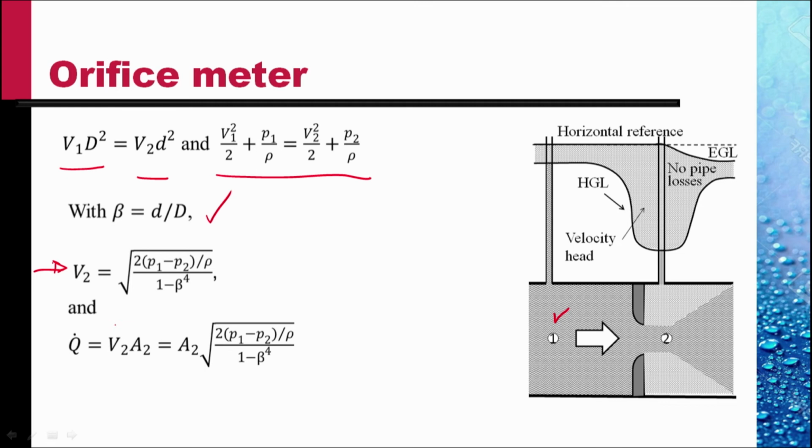And the flow rate is V2 times A2, which is also V1 times A1, and we get this flow rate in terms of delta P, the density of the fluid rho, and beta, the diameter ratio, the diameter of the orifice to the diameter of the tube.